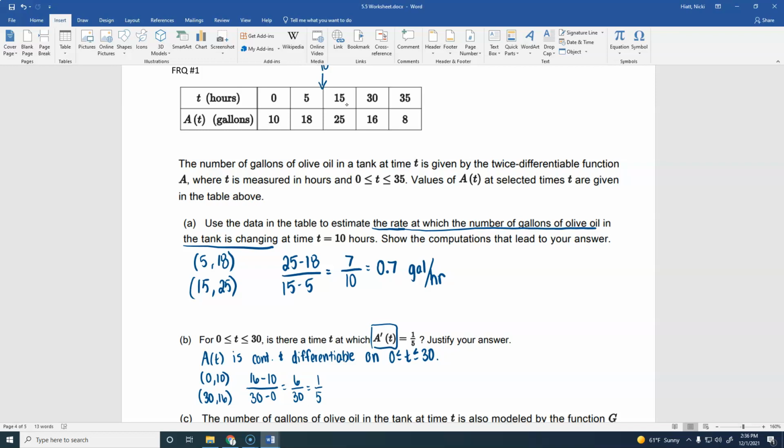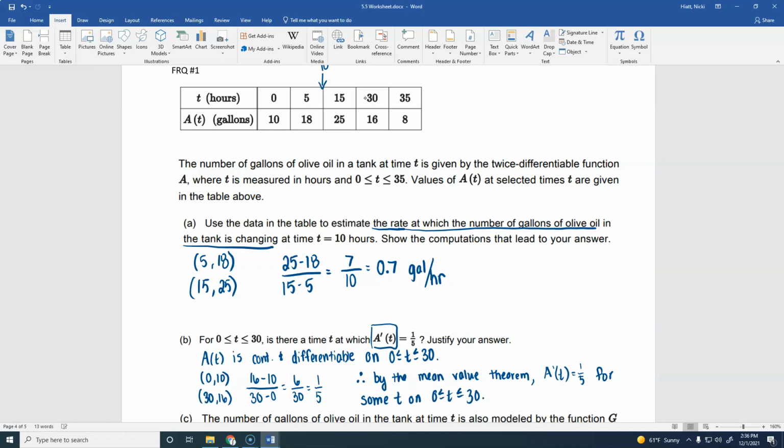So we can say, therefore, by the mean value theorem, A prime of t equals 1/5 for some t on 0 less than or equal to t less than or equal to 30.